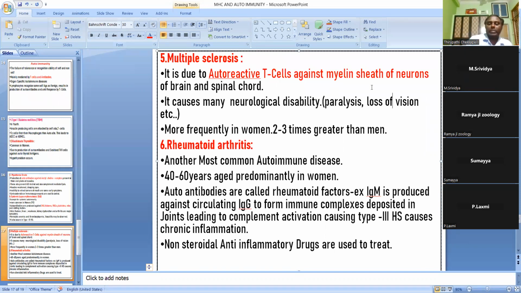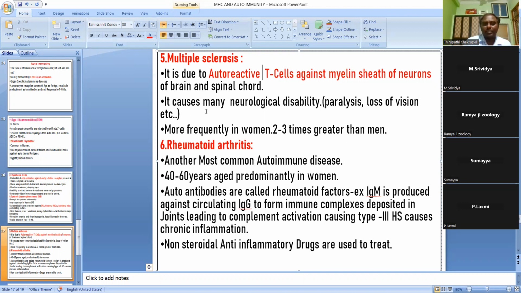Okay, so their structure is modified, so our immune system recognizes them as foreign, and action is taken by the immune system, particularly against the myelin sheath of neurons of the brain and spinal cord. So the myelin sheath antigens are modified. That causes production of antibodies, immune cells are released, and the myelin sheath is damaged.